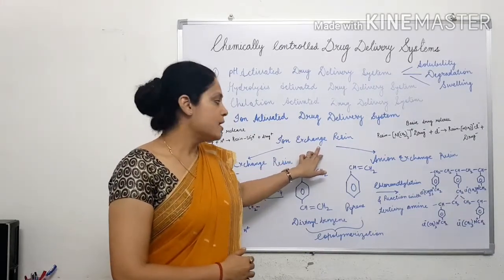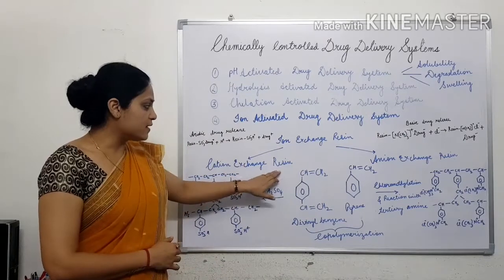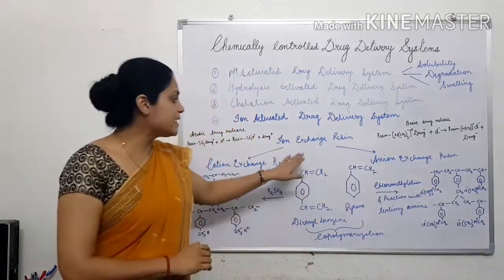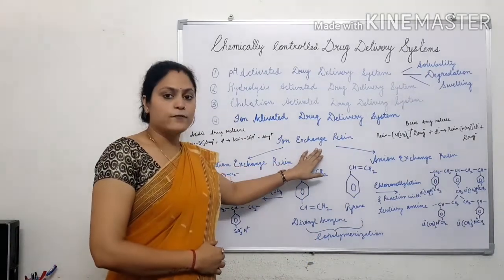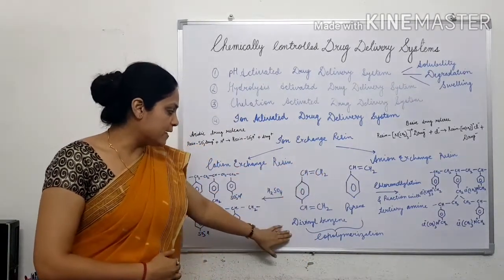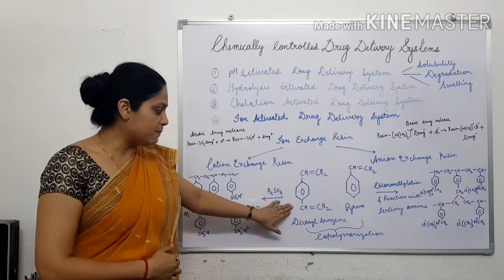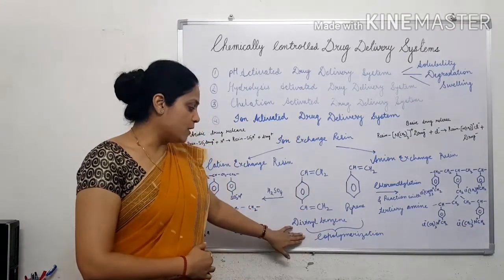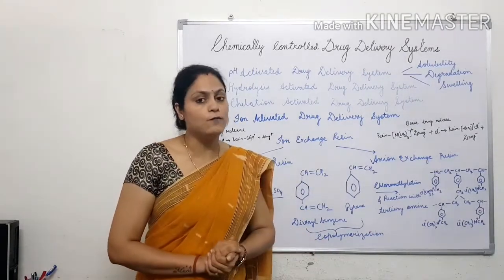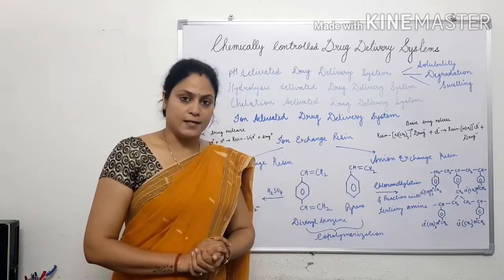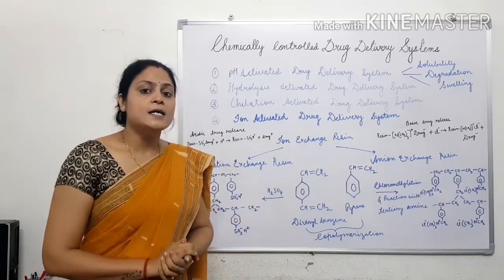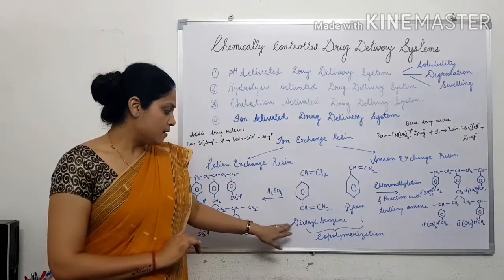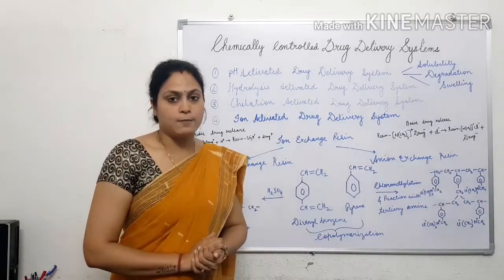Ion exchange resin can be a cation exchange resin, or it can be an anion exchange resin. These ion exchange resins are formed by copolymerization reaction of divinyl benzene molecule and styrene molecule. Initially, this copolymerization results in the formation of linear chain of polystyrene, followed by formation of a three-dimensional network of divinyl benzene styrene copolymer.